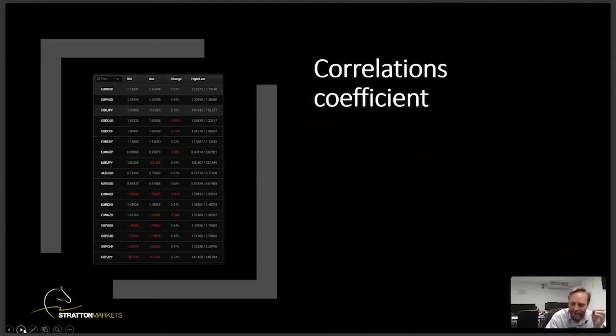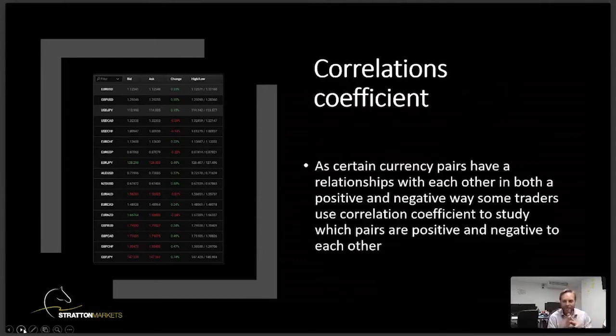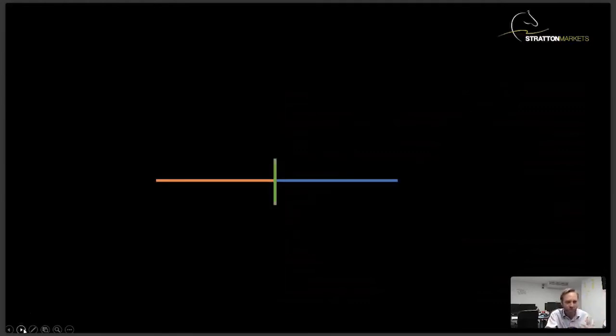Now, traders, to help them identify possible trading opportunities, look for what's known as the correlation coefficient. Basically, they try to calculate how closely a pair is linked with another, in both positive and negative correlation. Again, this is a calculation. You have a level of negative correlation and a level of positive correlation.